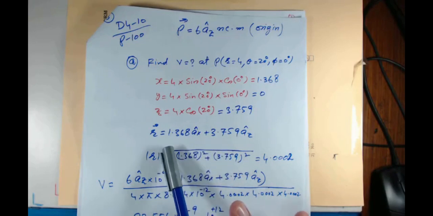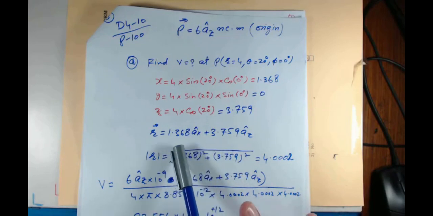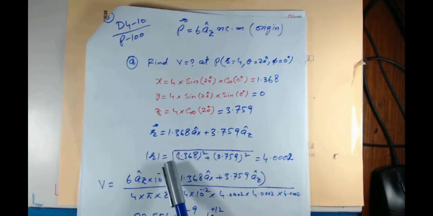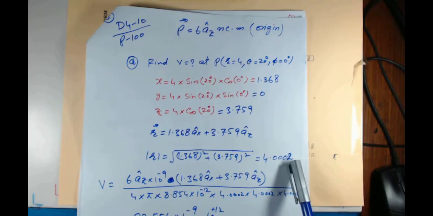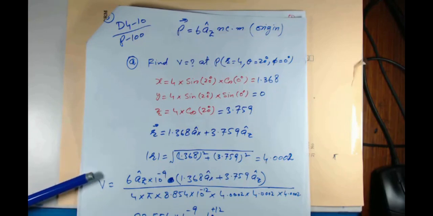Again we define the magnitude of r, which is equal to 4.002. So now again use the generalized potential expression which we have obtained for the electric dipole.